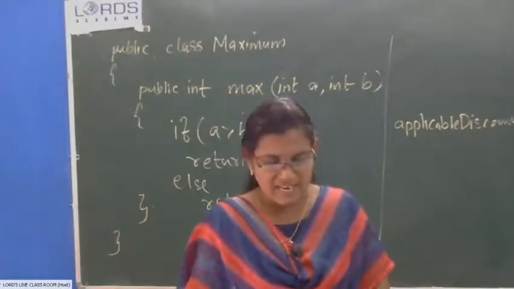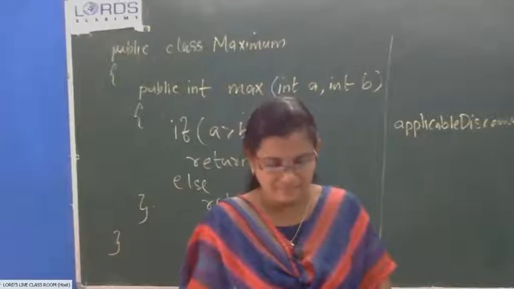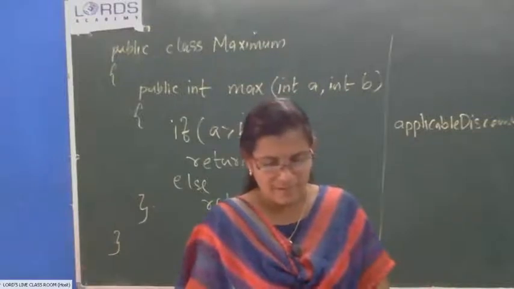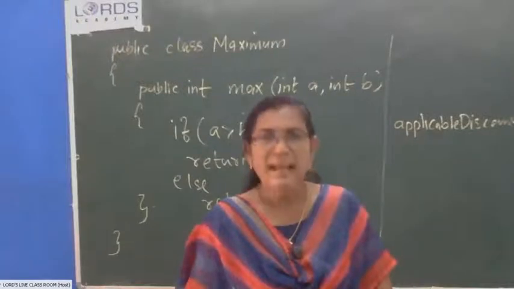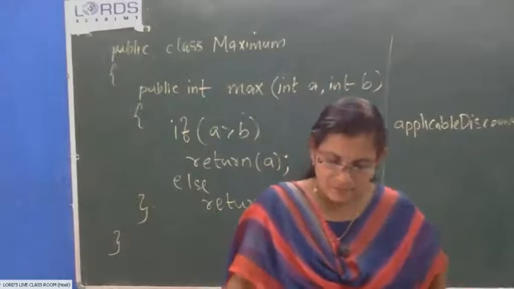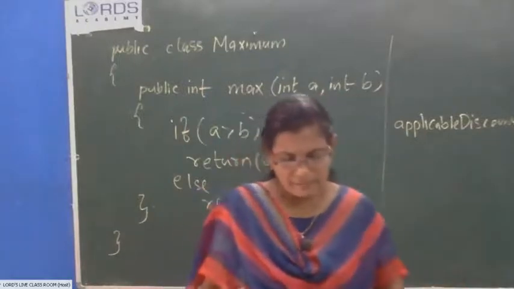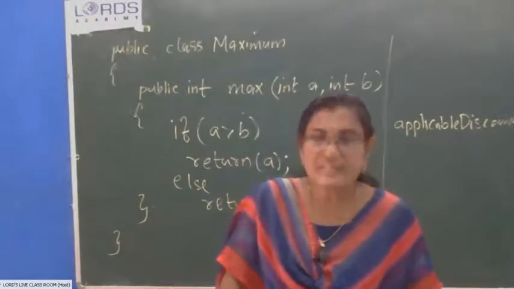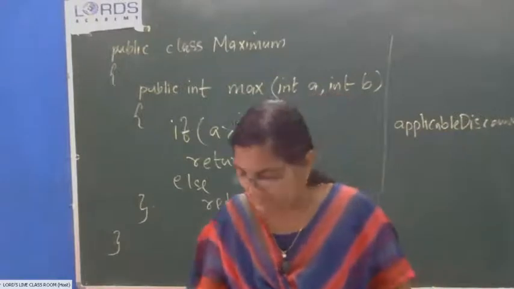Only the last else if has an else. Actually, else if should be used. There is a mistake. It's not a mistake also. A simple if structure is used. Let me write the program on the board.